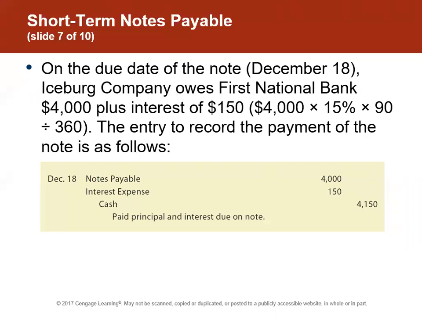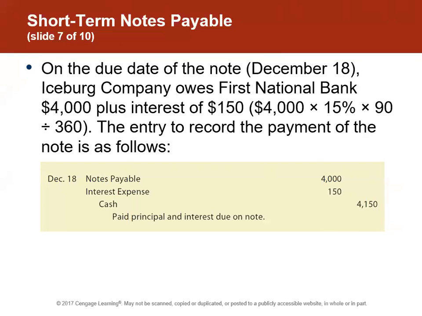So on the due date, December 18th, we debit notes payable for the face value. We debit interest expense, which they calculated again: principal, 4,000, times 15% interest, times 90 over 360. And then we credit cash for the principal plus interest. So this is the same journal entry that we did when it was on an accounts payable.